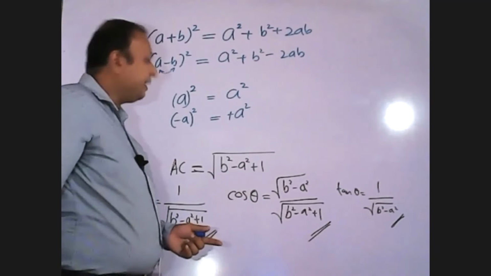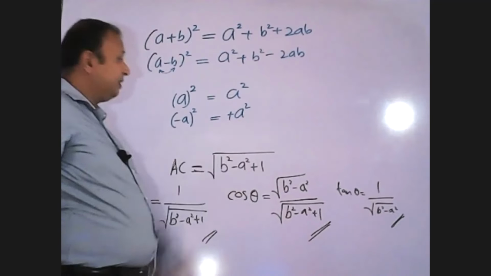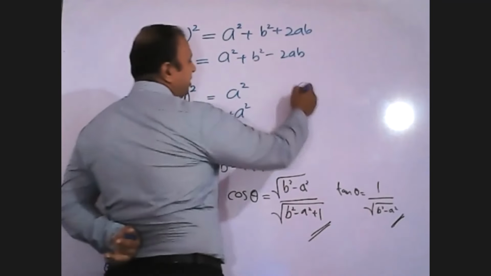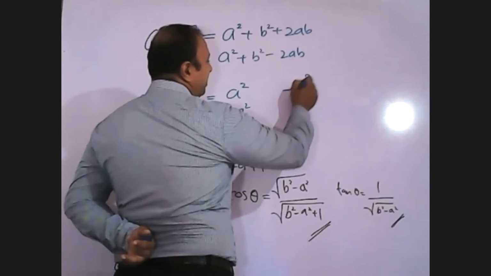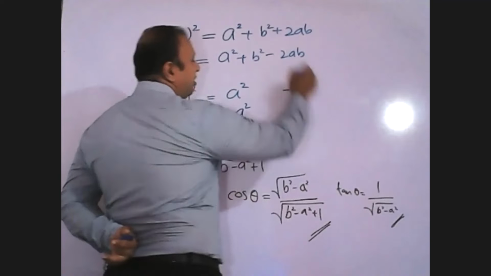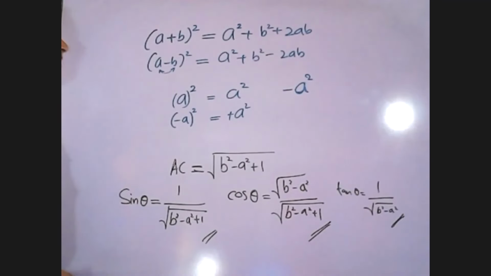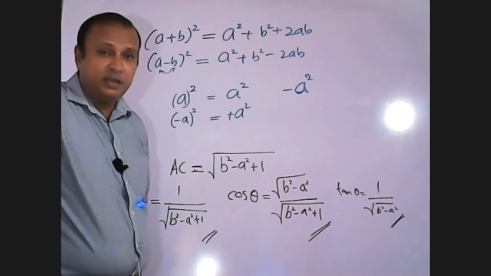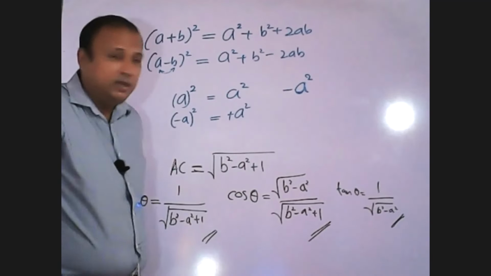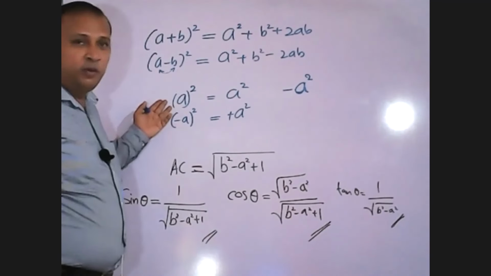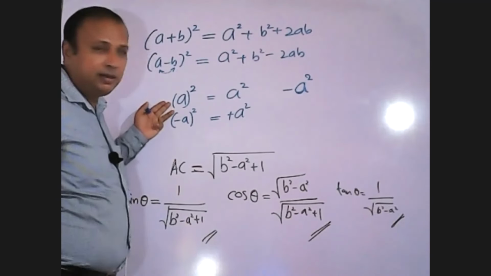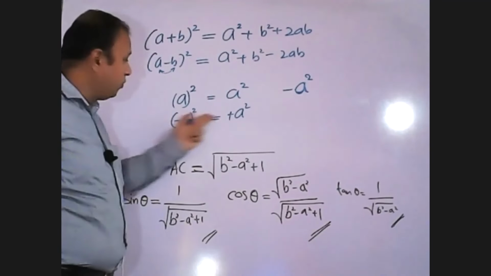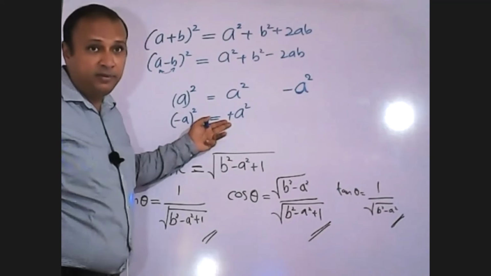The other thing is the opposite side. Can you find the square root of a negative square value? You cannot do that, no. If you take the square of a positive value or negative value, you will have a positive square value.